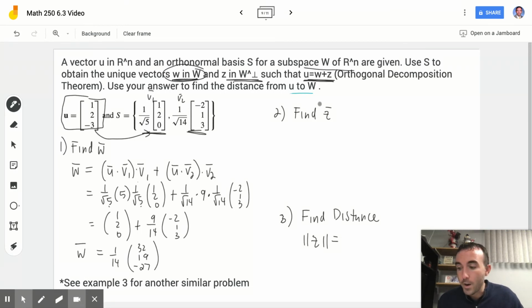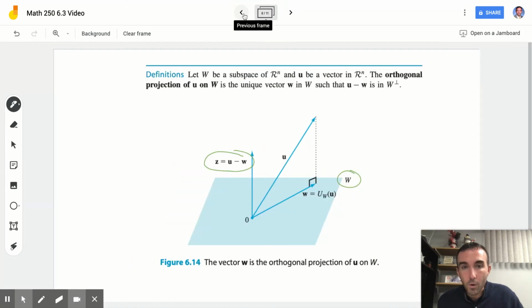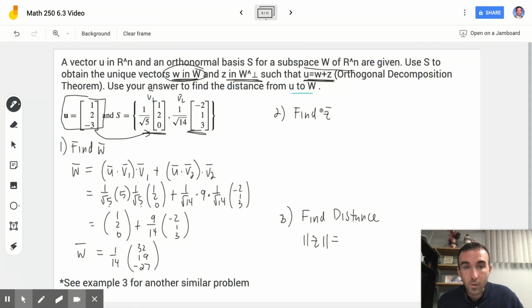All right, next let's find vector z. So if you recall, when we're looking to find this here, we draw it parallel from the vertex, and z is the difference between u and w. So to find z, that's the easier one. We simply subtract u minus w.